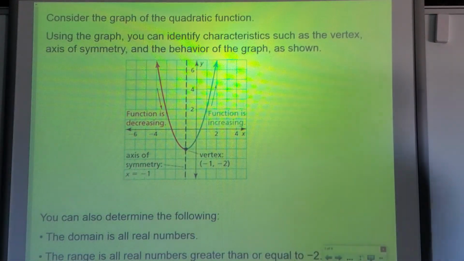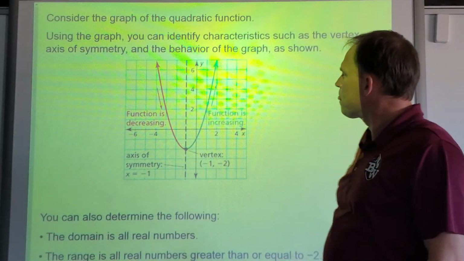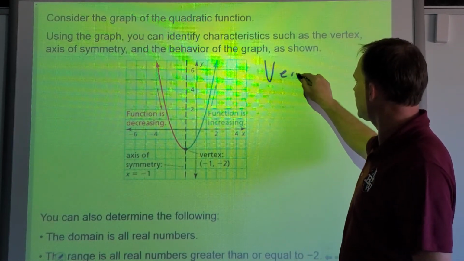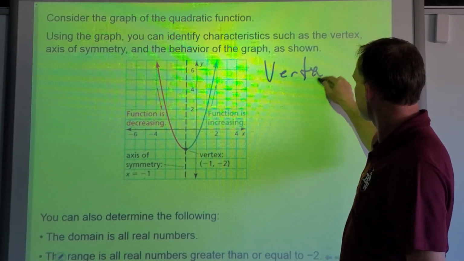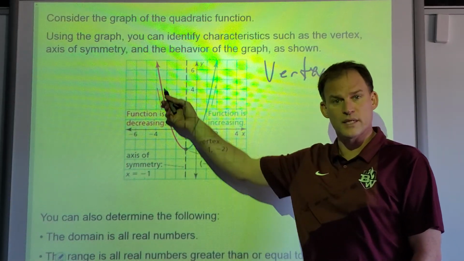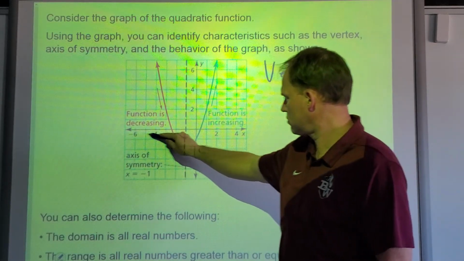All right, let's take another look. So let's take a look at this function here. Consider this graph. Identify the characteristics such as the vertex. So what is the vertex? Well, right here, it says the vertex. This is the point where it changes direction. So here's the axes.